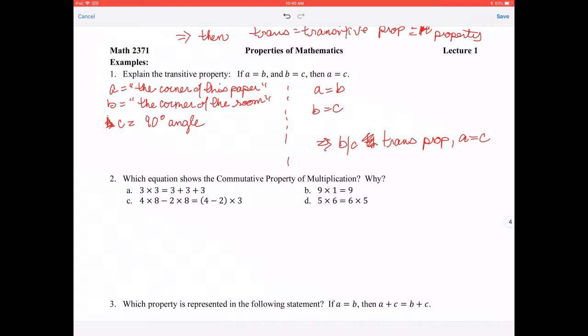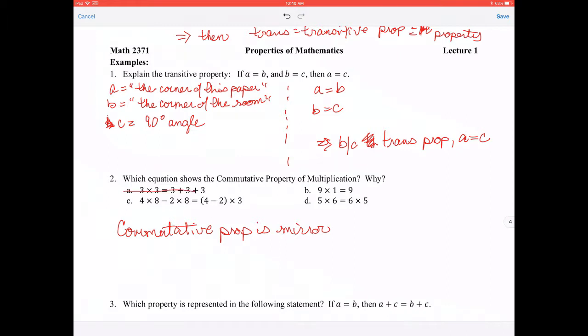All right. Which equation shows the commutative property? What is the commutative property? The commutative property, remember I described as a mirror. So which of these is the mirror? Which one, if I put a mirror on it, would show me the reflection about it?